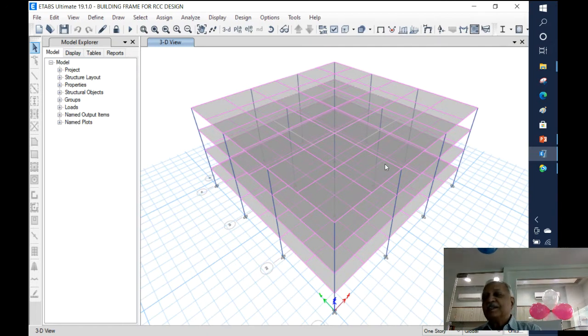All that planning is done by you as an engineer or in consultation with the architect. Once all these things are decided at some level, your objective is to finally determine the forces in the members. As we have seen, to determine forces, I have to have the layout of the structure.